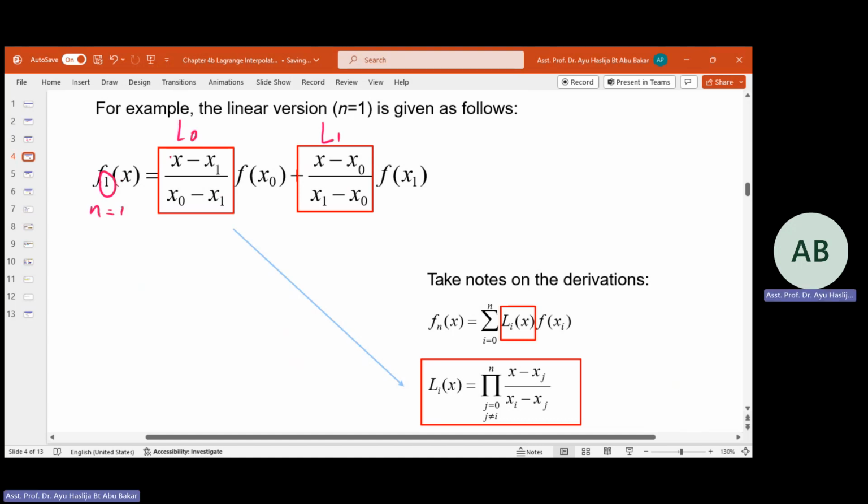If n equals 1, this is your L0, L1. But if n equals 2, your L0 will be different. So I would suggest you understand how to use this weighting function formula.